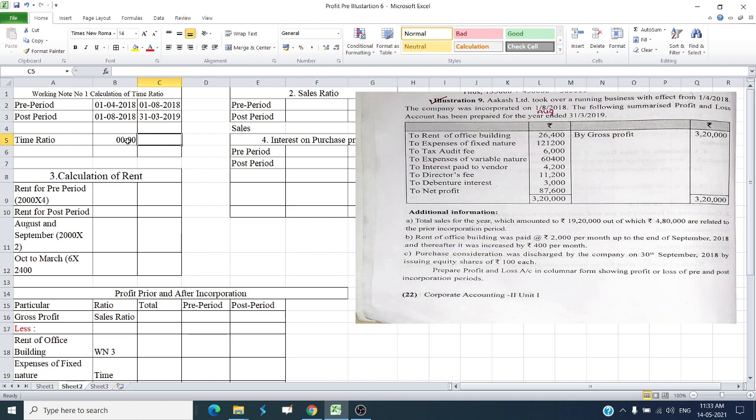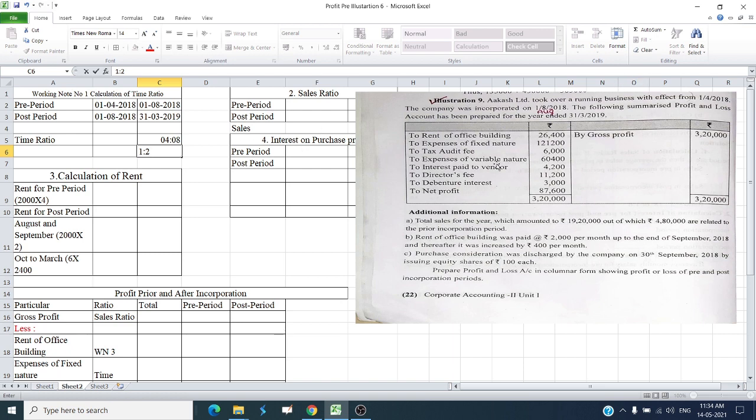For the post period we can count from August, September, October, November, December, January, February, March, that is 8 months. So the time ratio is 4:8. If we simplify this it will come 1:2. So the time ratio is here 1:2.